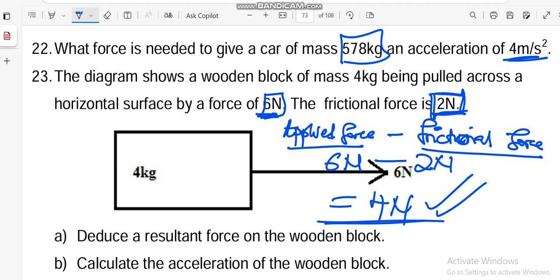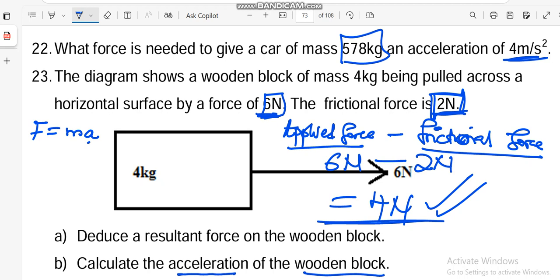The next question says, calculate the acceleration of the wooden block. How do I get the acceleration? I use this formula: force is equal to mass times acceleration. For me to get the acceleration, I must make a the subject of the formula.